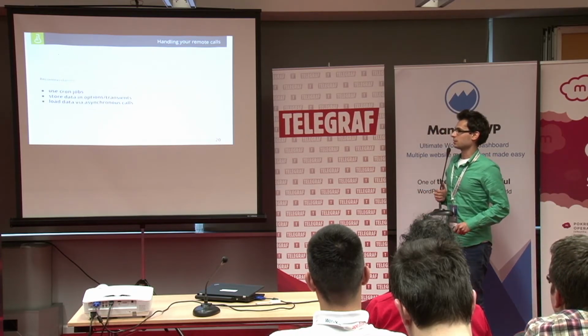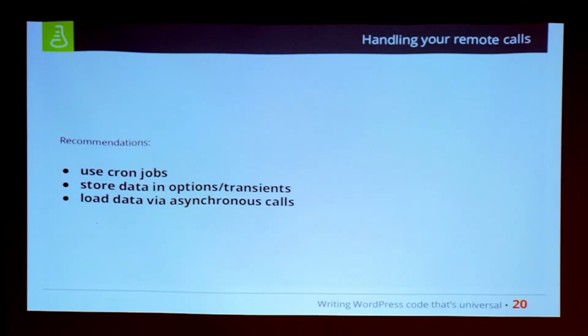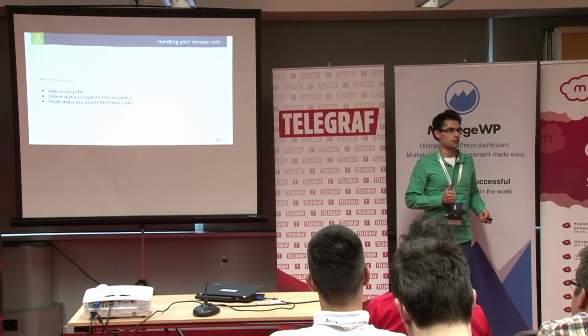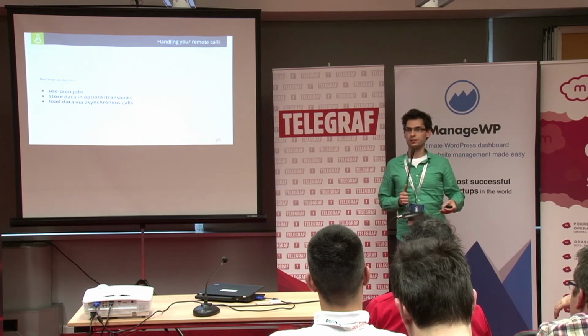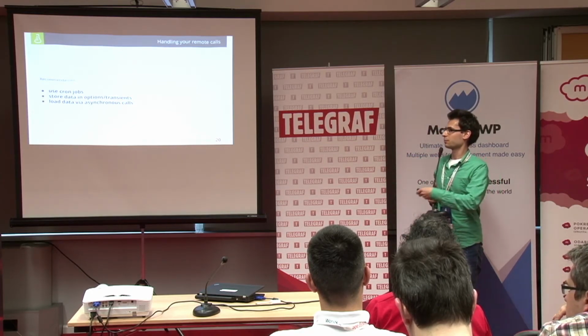So the recommendation here would be to actually use cron jobs to fetch data from external services, from other servers, store it within options or transients or any other approach that we consider adequate, and then fetch it in the browser asynchronously so that the page loads fine.